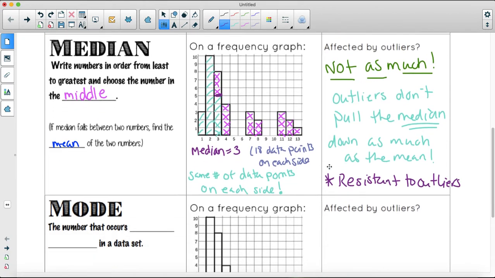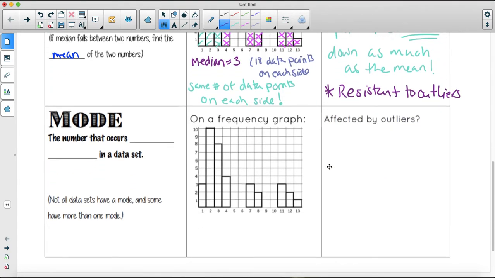The last way we can measure the center or the middle of the data is the mode. The mode is the value that occurs the most often in a data set. Not all data sets have a mode, and some have more than one mode. So what we look for on a frequency graph is the one part of the graph that happens the most.